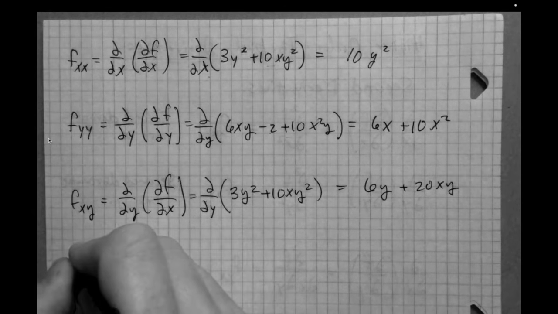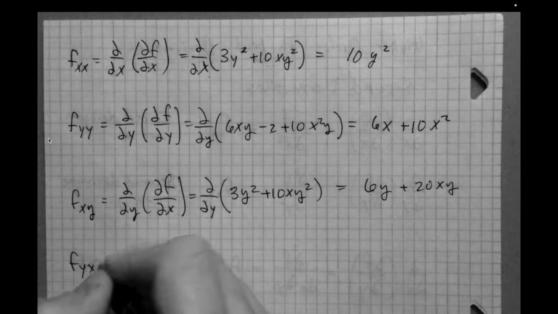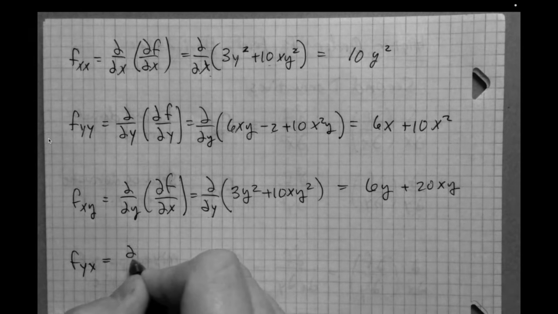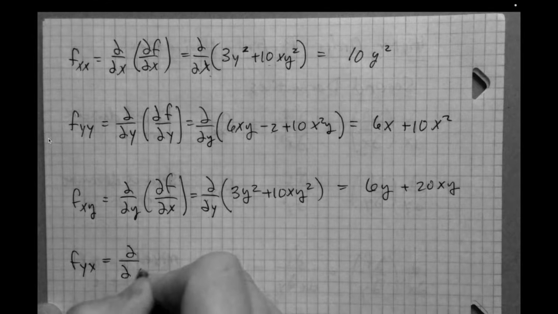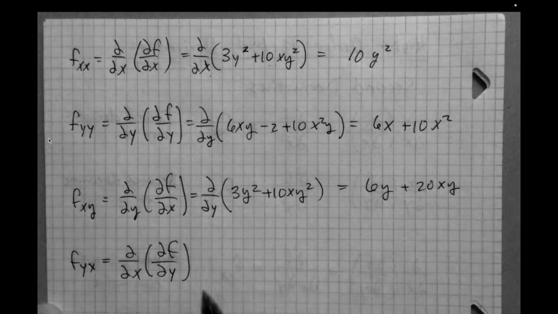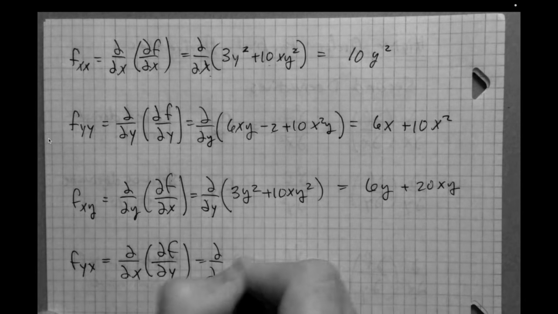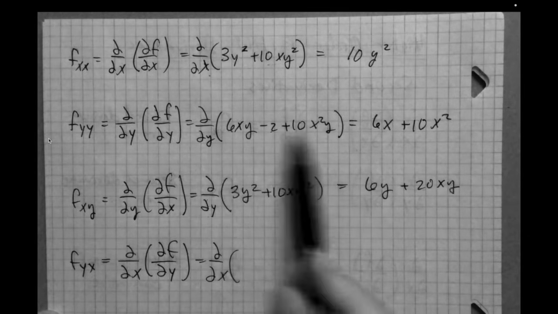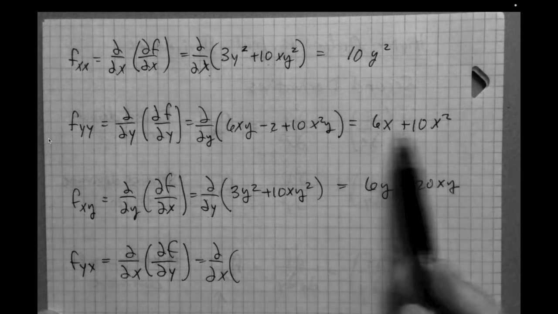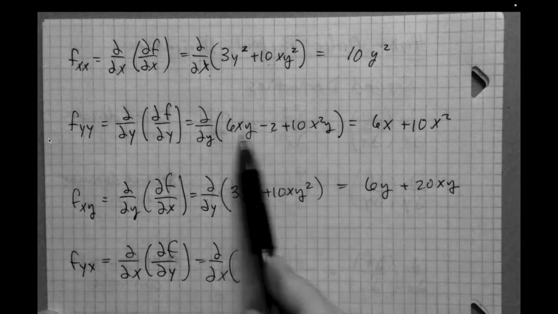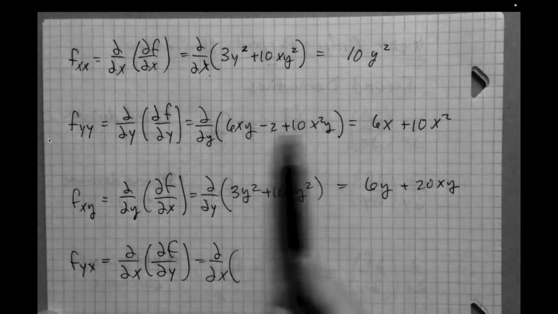What about the other one? f sub yx. Well, this one's similar, but here we're going to do del x of del f del y. So that's del x of, and now in this case, we're taking the derivative of the first derivative with respect to y.